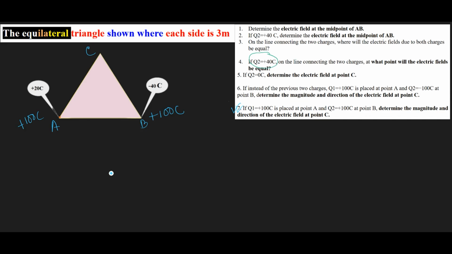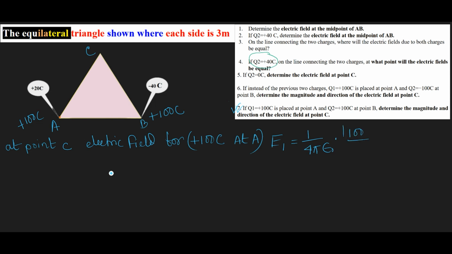So at point C, the electric field for positive 100 Coulomb at point A, we could write E1 equals 1 by 4 pi epsilon naught, the charge positive 100, divided by the distance 3 squared.